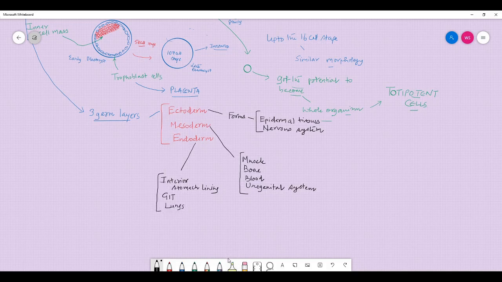But it cannot form the placenta. It cannot form the trophoblast cells which later become the placenta.